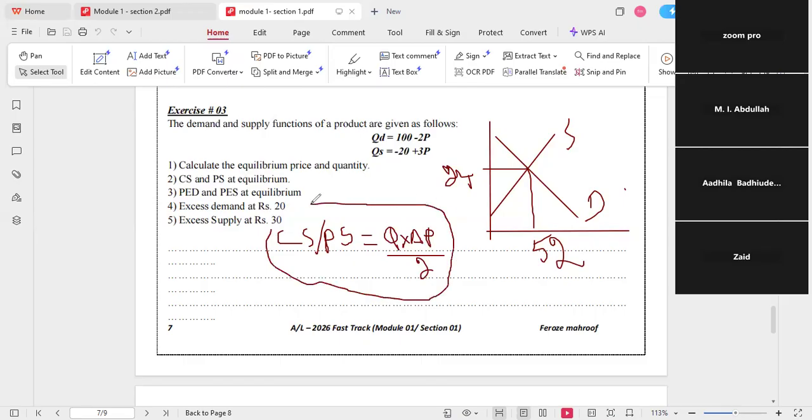Consumer surplus or producer surplus, quantity into price change over 2. This is a common equation. Now, if you have forgotten the specific equation for CS and PS in the final exam, then if you apply this equation, most probably you can get full marks. Consumer surplus and producer surplus both use the common equation.